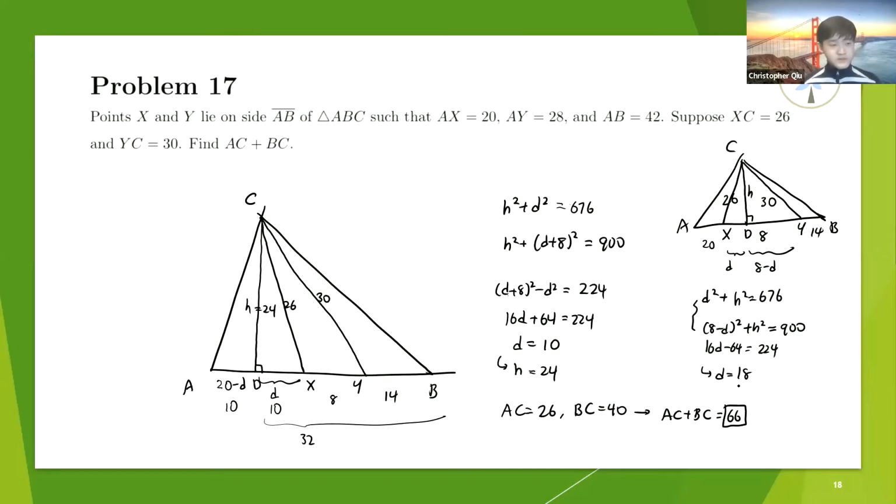And in this case, this is impossible because we cannot have a part of a segment that has a longer length than the segment itself. So what this would mean actually is that this configuration is impossible.